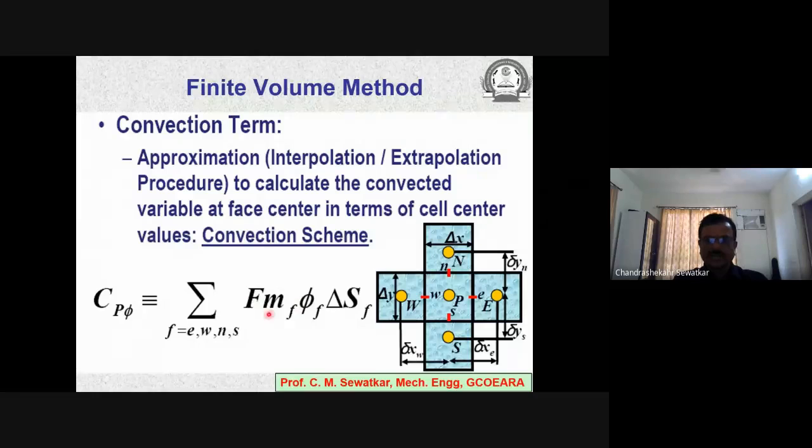I know the mass flux across that east face. Now I know the value of phi e. I know the value of delta S_e. So I can calculate the convection across east face. Similarly, I can do it for west face, north face, south face, and so on.